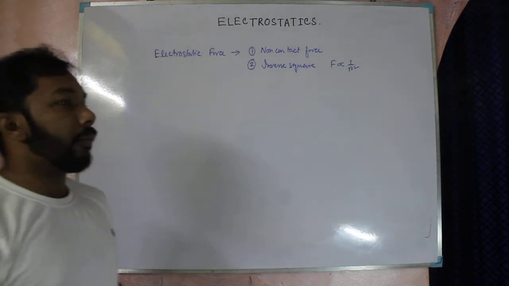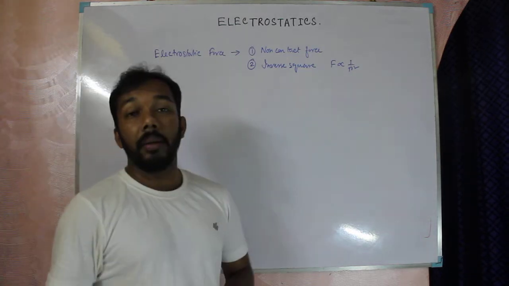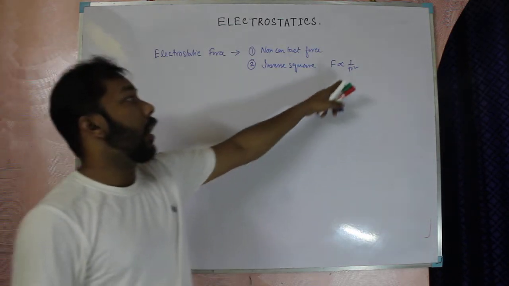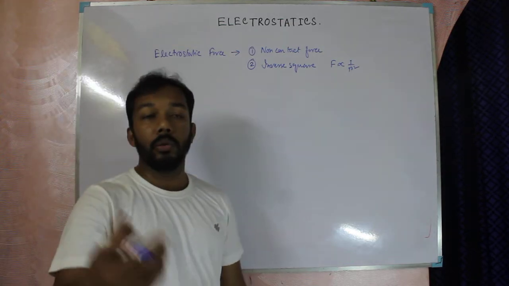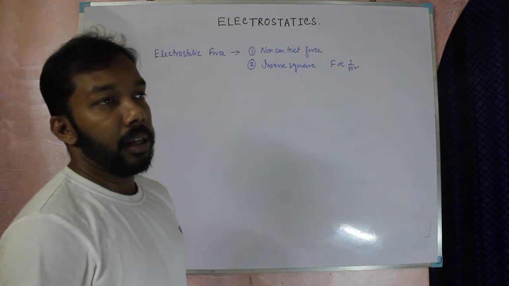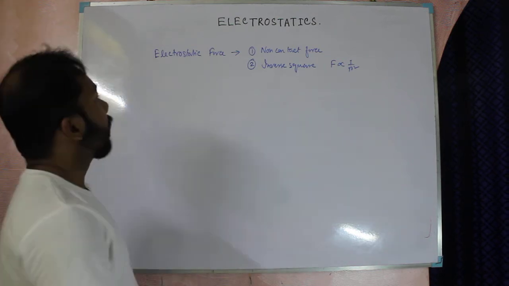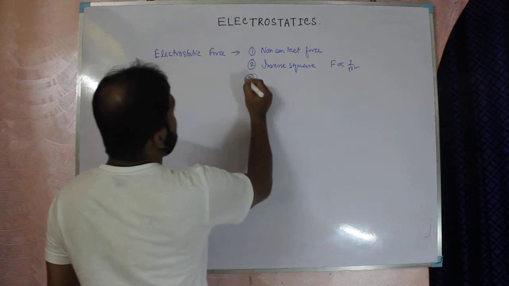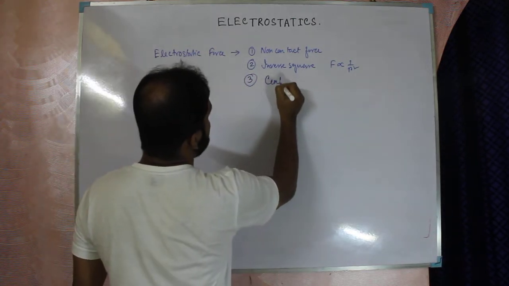You have learned in class 11 that the gravitational force also varies inversely squared to the distance between the two bodies. So hence electrostatic force and gravitational force, in this common ground, they are similar. These all forces are central force.